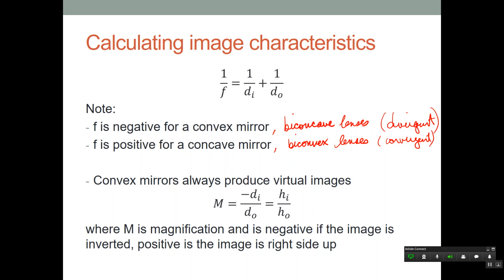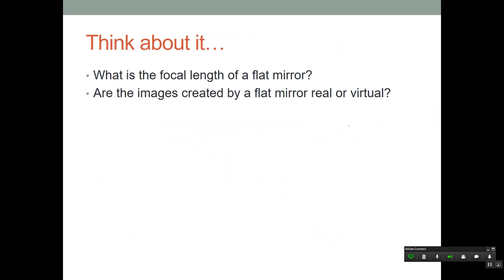All right, now that we know that, we can do some problems. Can we talk about this now? Yeah, sure, why not. I have the equation here, 1 over f is equal to 1 over di plus 1 over do.